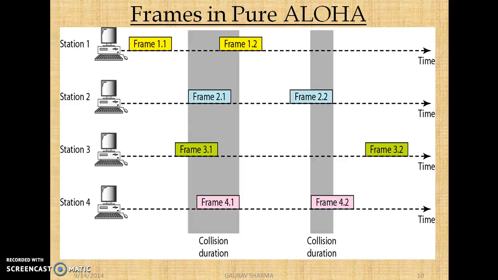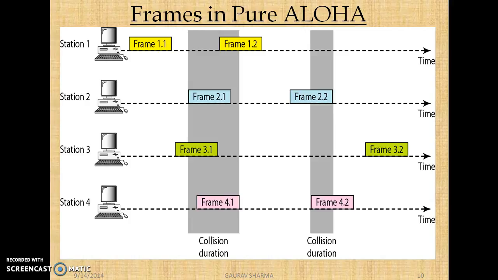Pure Aloha has a methodology that whenever any station has data to send, it will send this data. It will not wait for a signal from station 2, 3, 4 and so on, and it will not sense the medium to check whether somebody is sending or not. It will send its data whenever it is ready.